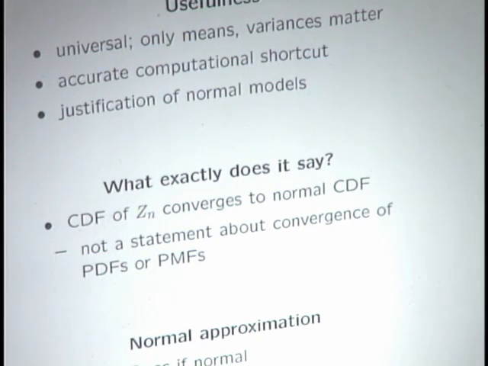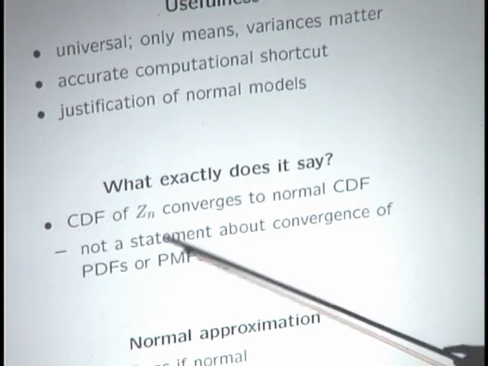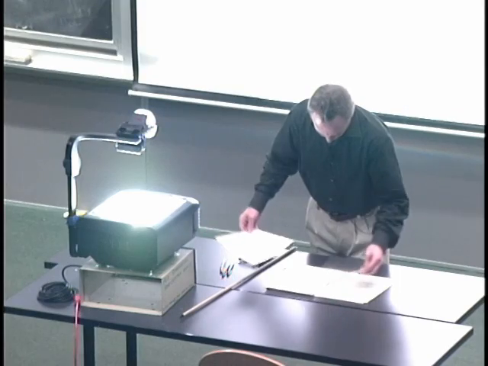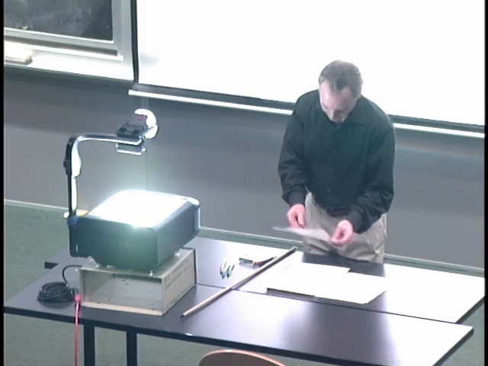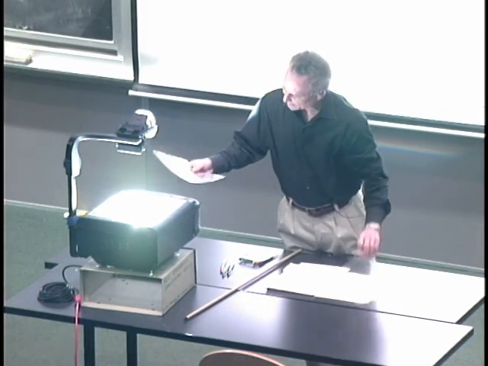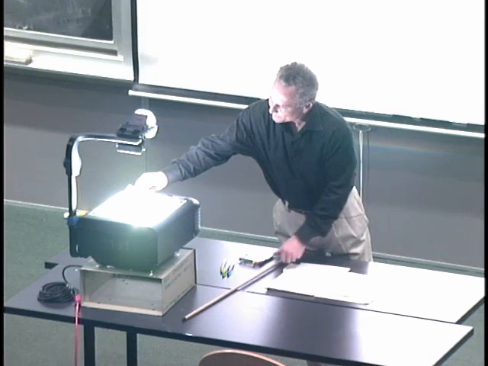Now, if one makes additional mathematical assumptions, there are variations of the central limit theorem that talk about PDFs and PMFs, but in general, that's not necessarily the case. I'm going to illustrate this with a plot here, which is not in your slides, just to make the point.